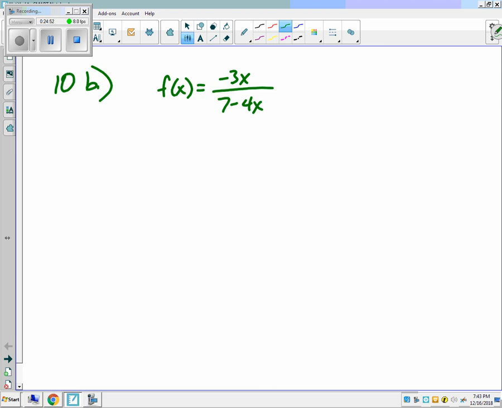All right, what are we doing first? Make that a Y? I like that. That'd be a little bit easier to work with than an f of x through the whole thing. Multiply by 7 minus 4x. So I'm going to distribute this y through. So I get 7y minus 4xy equals negative 3x. Add the 4xy.